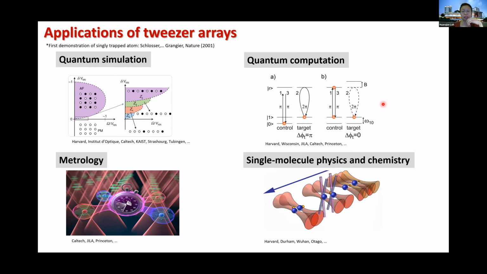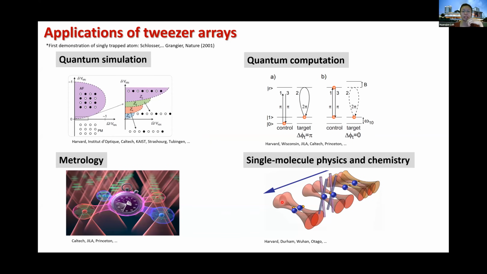By using the dipolar interactions, you can have phase gates. The Toffoli gate, for instance, has been demonstrated with these Rydberg arrays. You can also use them for metrology, as is now pursued by trapping alkaline earth atoms inside these tweezers, as demonstrated by groups at Caltech and JILA, for instance, where they have gotten a half-minute clock.